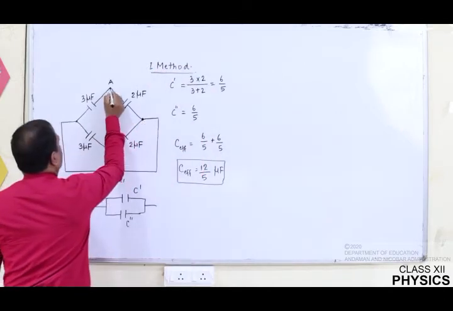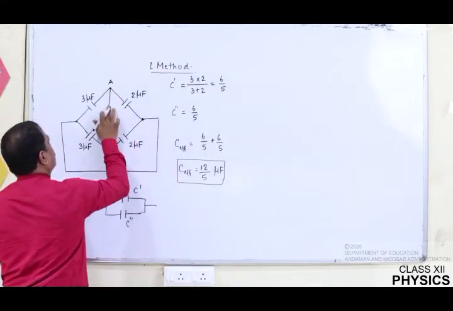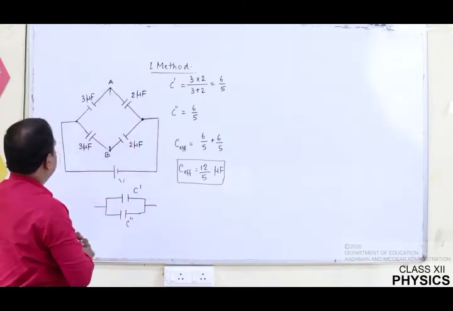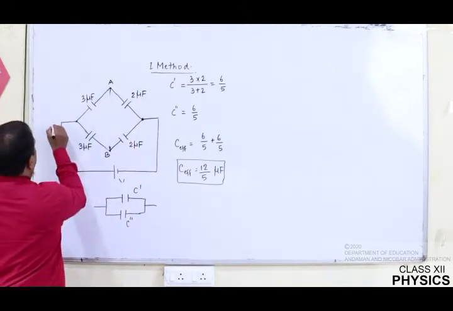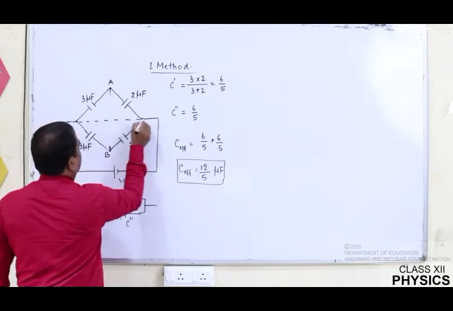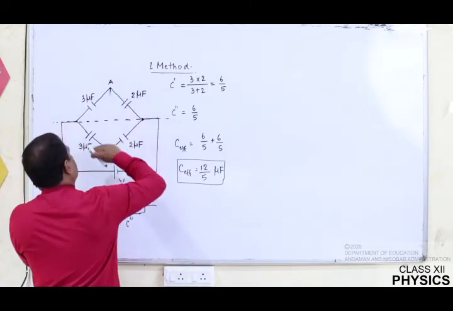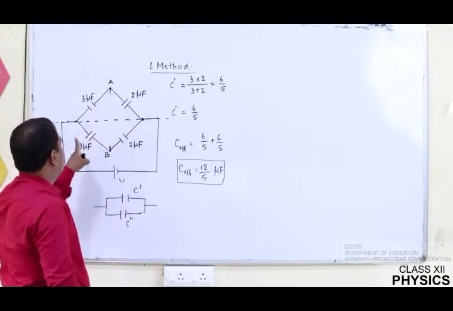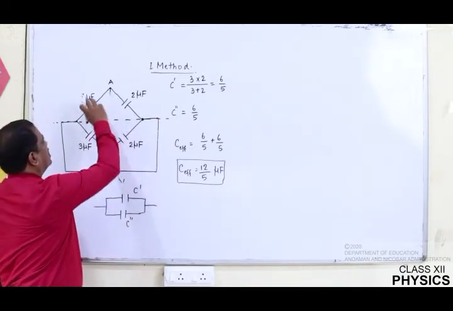see please, the same circuit let me have like this. The bridge is balanced. Now when I draw a dotted line like this, and if I fold this bridge like this, I see that the capacitors are symmetrically connected.